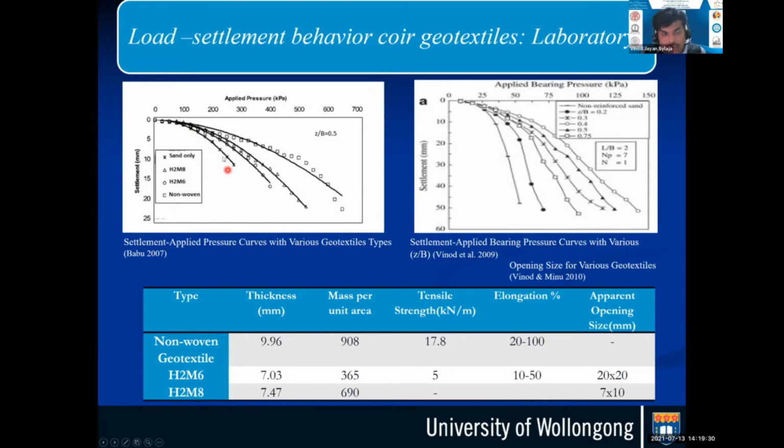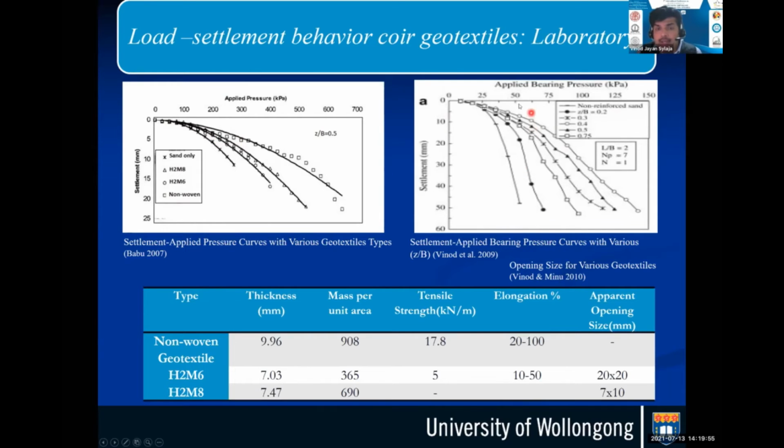If you reinforce with different coir geotextiles, there is an increase in the applied pressure. So the bearing pressure increases with the inclusion of coir geotextile. It clearly shows an increase in stiffness and an increase in the applied pressure, or failure pressure, with the application of coir geotextiles.